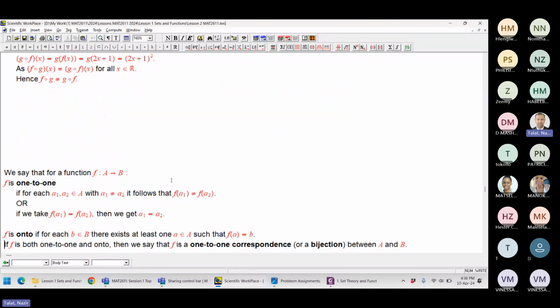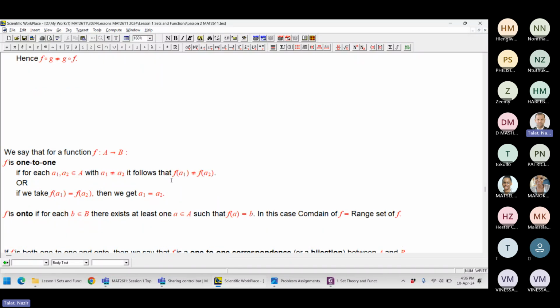So here I can also mention that in this case, the codomain of f is equal to the range set of f.